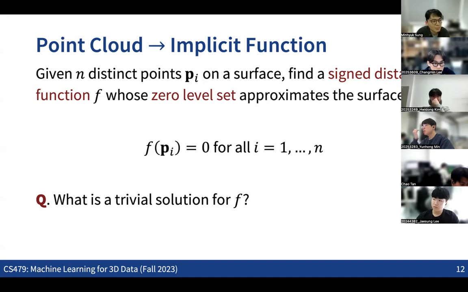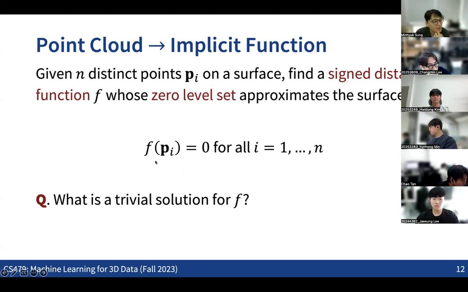This means that the points where the function gives a zero value become the points over the surface, right? And we know that the points in the point cloud are points over the surface, which means that if we evaluate the function f for all the points that we have, the evaluation should be zero for those points, right?